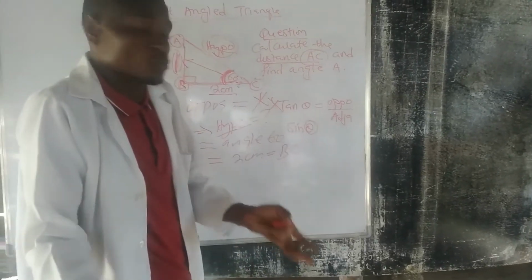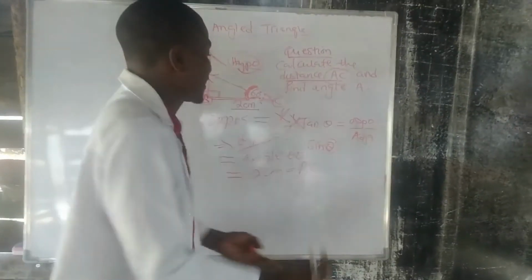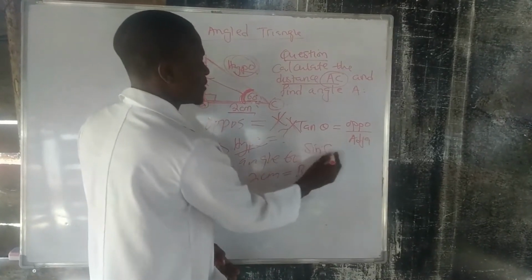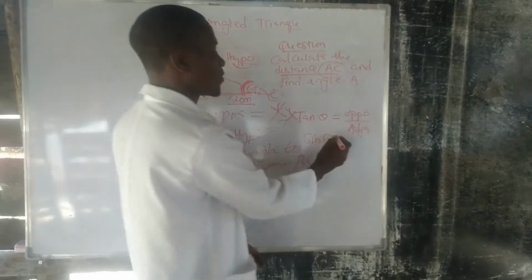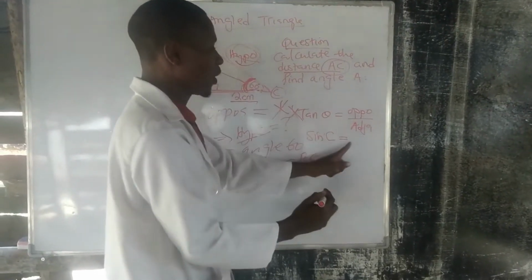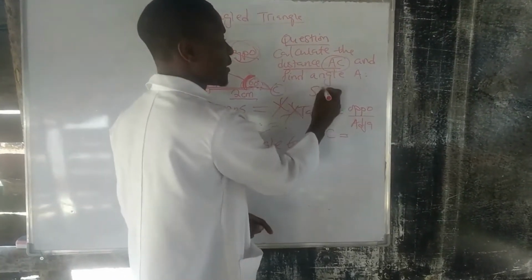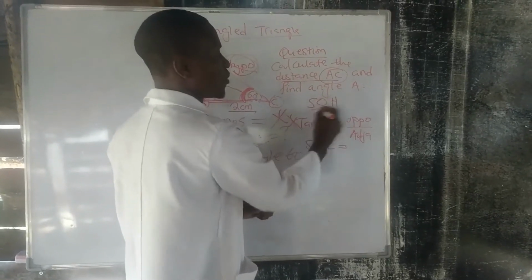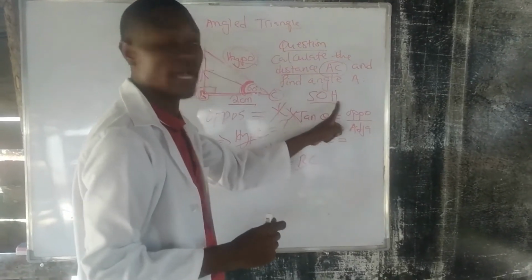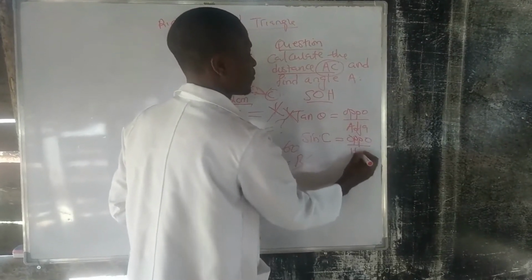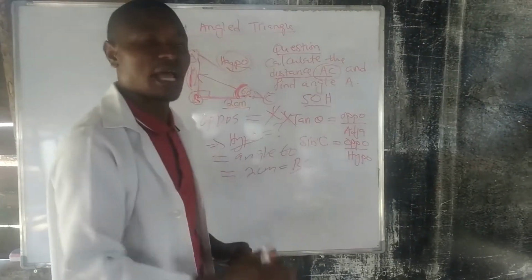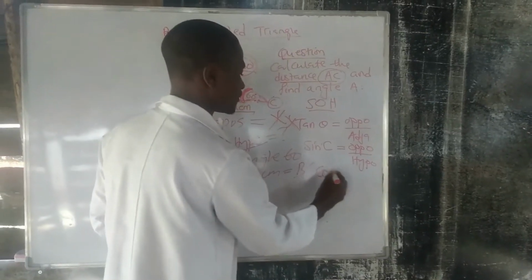If you want a simple representation, you can just say sine C, because that's the angle that you have. So sine C equals, we said that the sine ratio has opposite over hypotenuse.